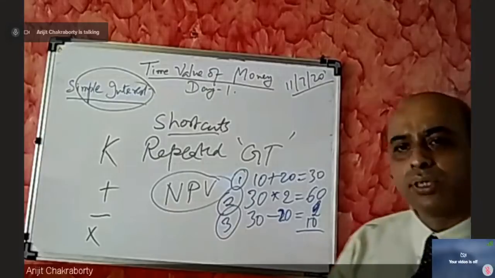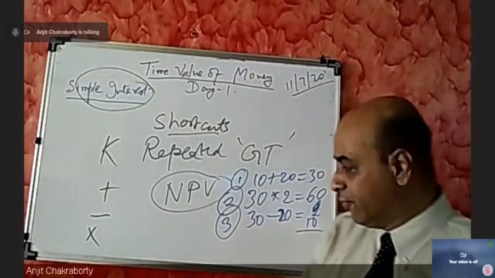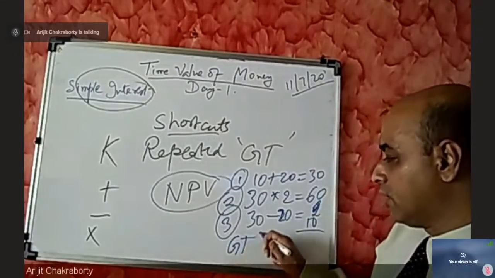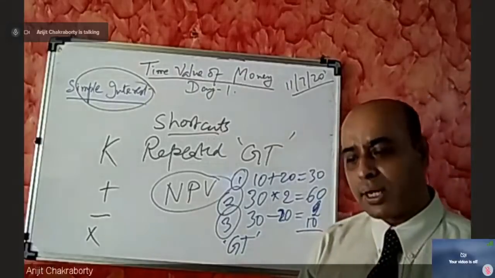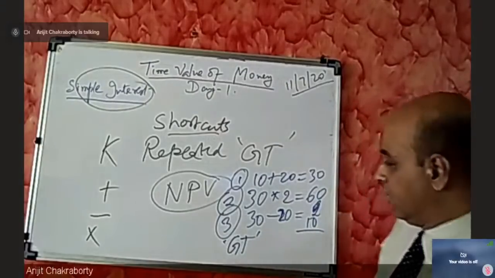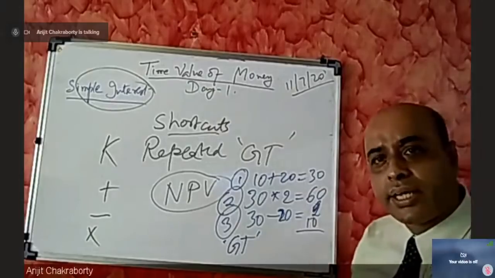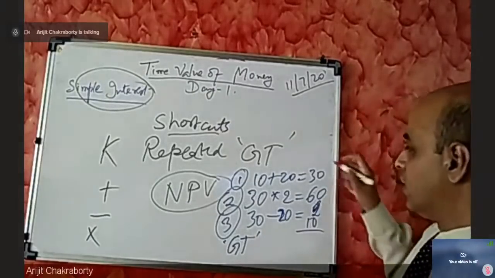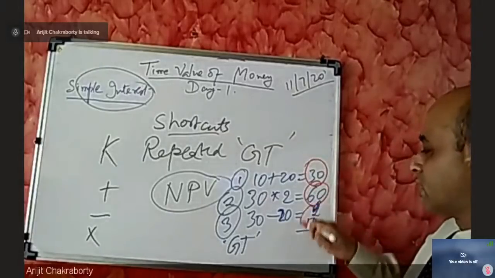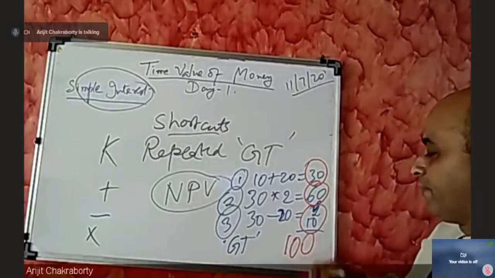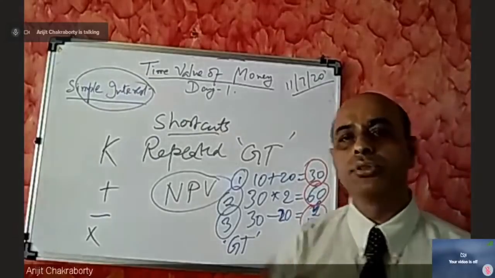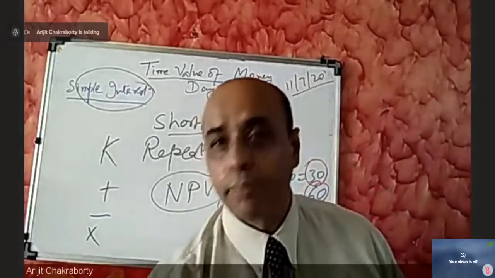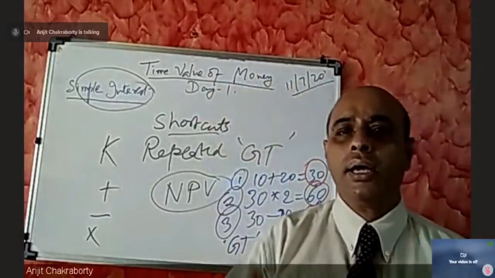Once you press the gross total button, these 3 numbers get added. So automatically you have the addition of 30 plus 60 plus 10, so you get 100. This is how to use the gross total button in your calculator.